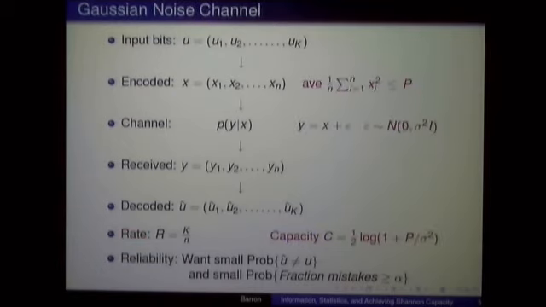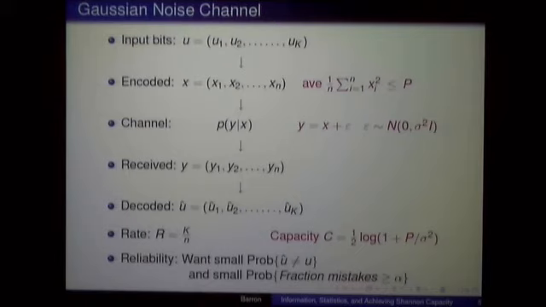And there are ways to go from one to the other. In the Gaussian case, you add the constraint that the average squares of the x's is not more than the power p. I'm going to relax that in a way that works for the practicality. Instead of demanding that every length-n code word satisfy that, I'm only going to require that averaged over the 2 to the k messages. Okay?